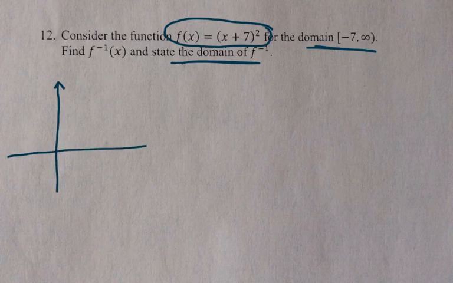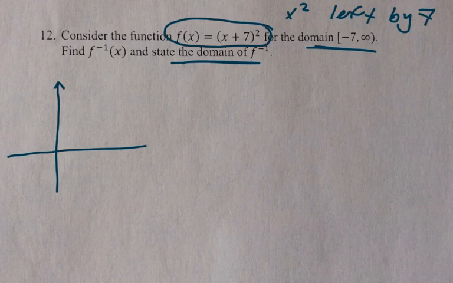Let's go way back to, I don't know, 2.5, transformations of functions. This is just x squared, the parent function for a parabola, shifted to the left by 7. Look at that review in there.